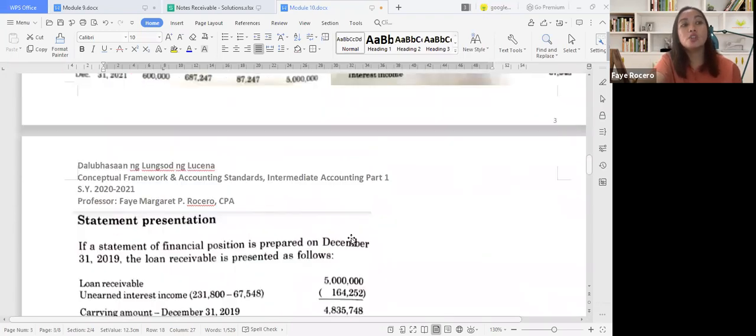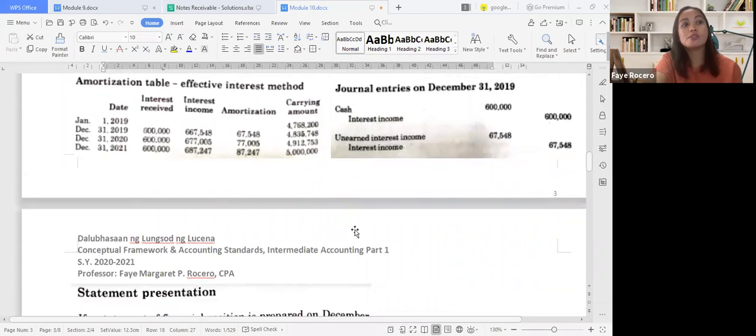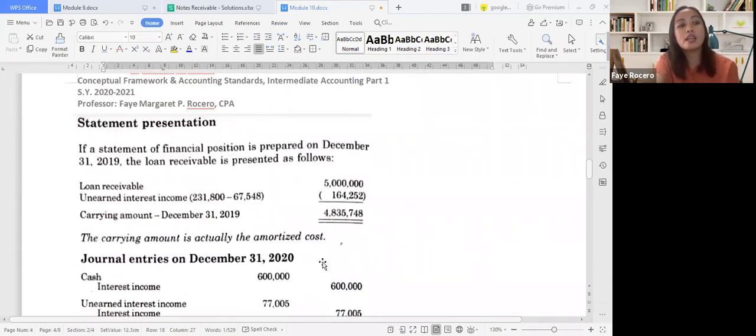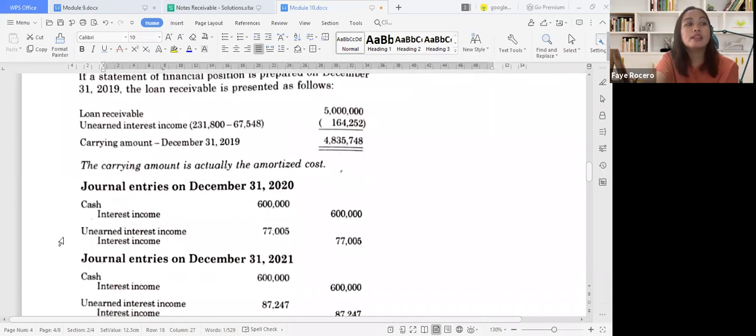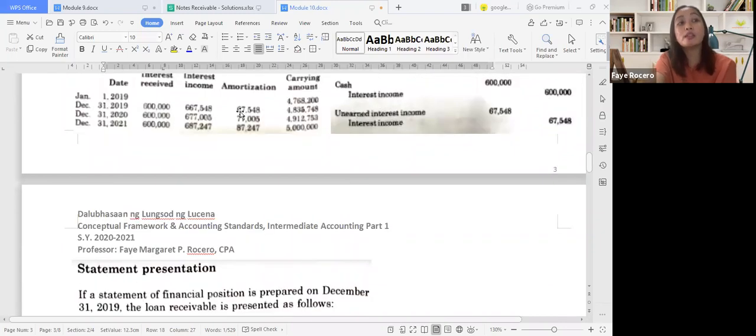So journal entries on the following year, 2020, we again collected 600,000: debit cash, credit interest income 600,000. Then recognized amortization, debit unearned interest income, credit interest income. From our table, we computed 77,005.